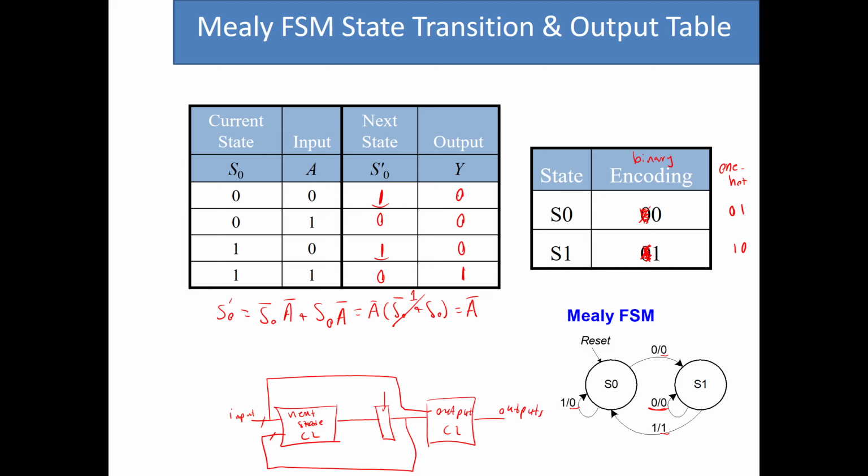As for Y, we only have one row for which the output is 1. So that means that Y is going to be equal to S0 A, based on the calculations that we had for the SOP approach, sum of product approach. So these are the two functions that represent the relationship between the next state and also the outputs with the inputs and the current state of the system.